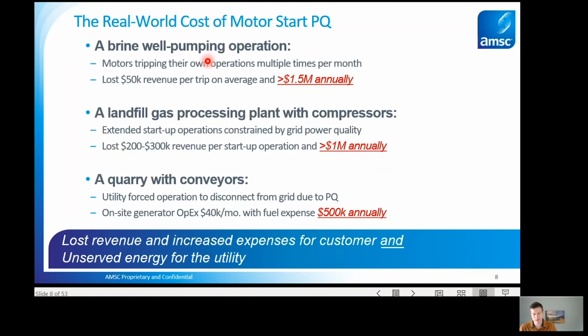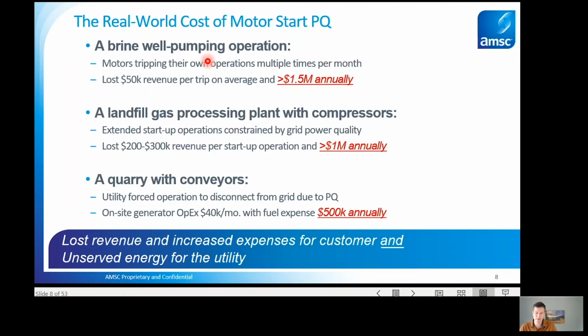So in this example, the startup of the large compressors in that plant would cause disruptive power quality issues both in the plant and on the utility feeder. And this plant was then required to curtail their startup sequence over a course of about 6 hours to prevent these problems from happening. Well, that's 6 hours of a lot of lost productivity.